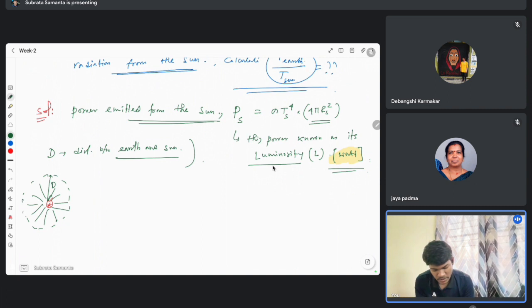This is a distance d. So this is a sun surface, and this is an earth surface at a distance d.